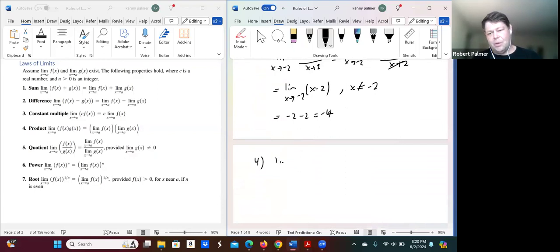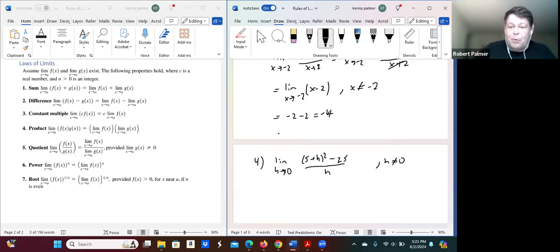Limit as, I'm used to writing x's, but this time it's going to be h goes to 0 of this expression: 5 plus h squared minus 25 over h. Now let's make a couple things clear. Obviously here, h cannot be 0. So if you try to take the limit written this way, try to do the same approach.